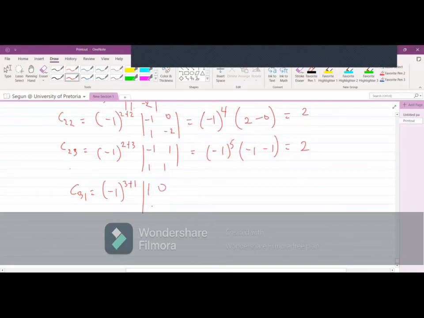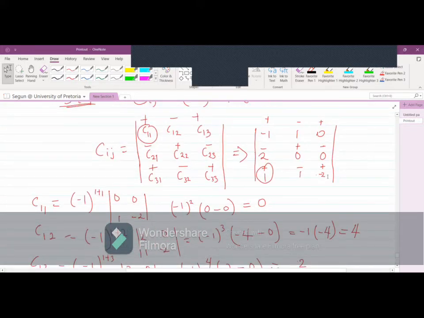So 1 0 0 0 is equals to what? 0. Which is equals to 0. You don't need to multiply anything there. You all know. Then C32, which is minus 1 raised to power 5. Also 0.